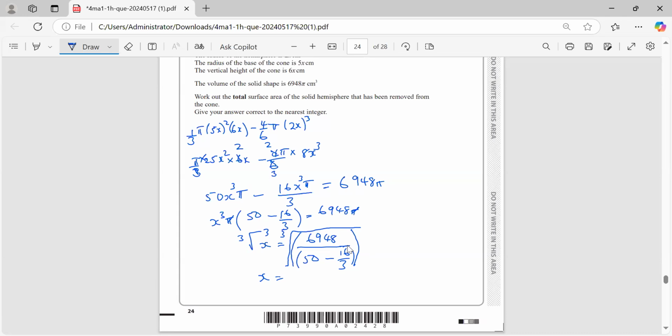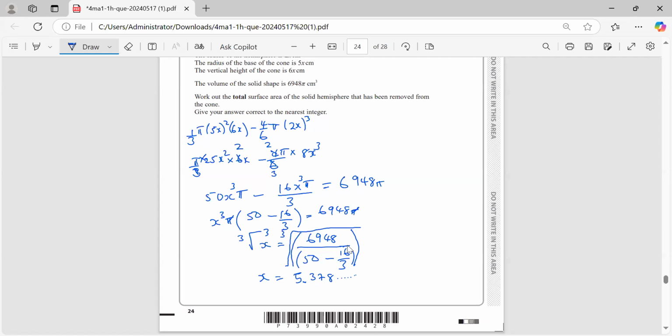So the value of x will probably be 5.378, blah, blah. All right, so now we actually have the actual value of x.